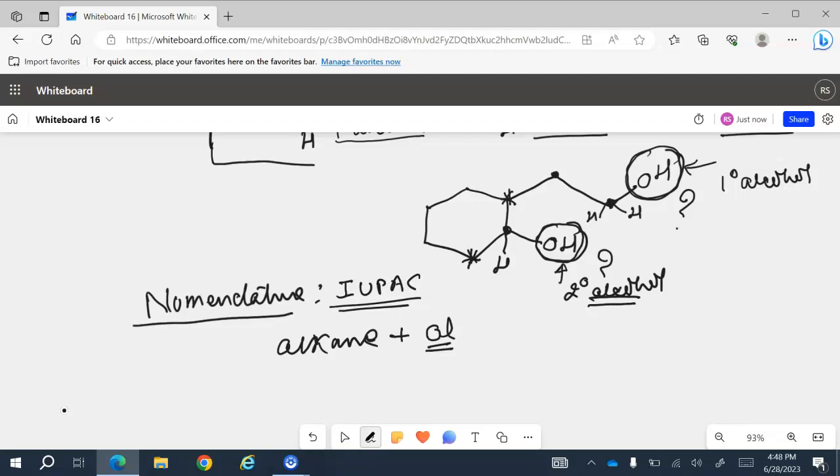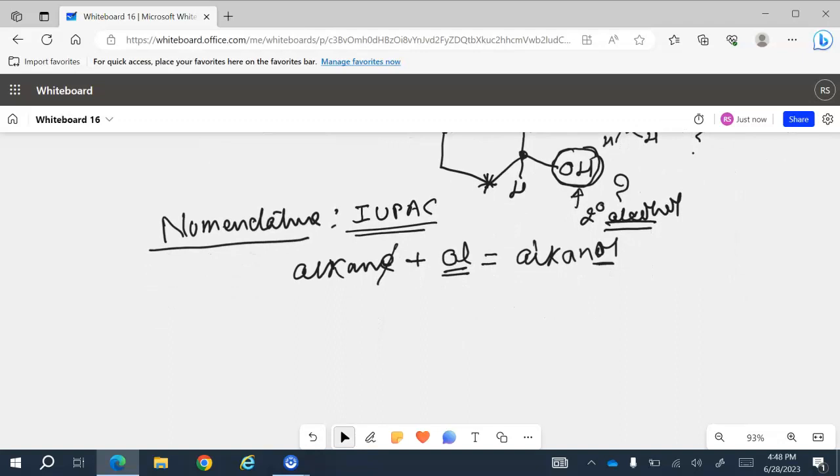When we join these two terms, we drop the E. So alkanes are named as alkanol. Be careful with this one: OL is the suffix that we use.